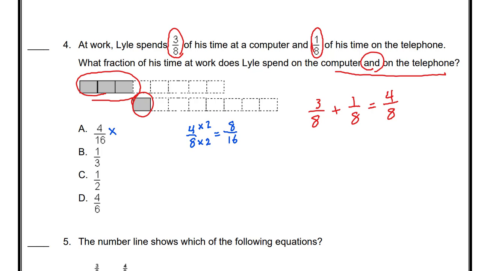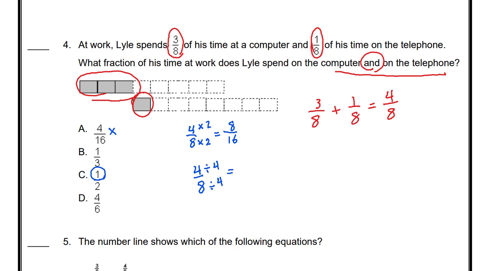Oh, C. C, 1/2. Can you explain why? Since you want to get 1, you need to divide by 4. I will write it down. 4/8, I will divide by 4 because I want to get 1.